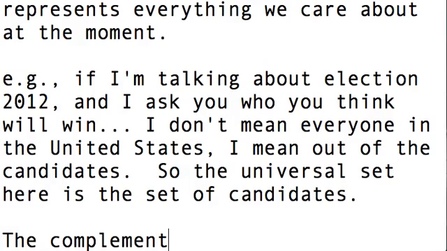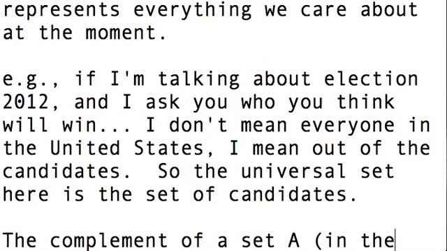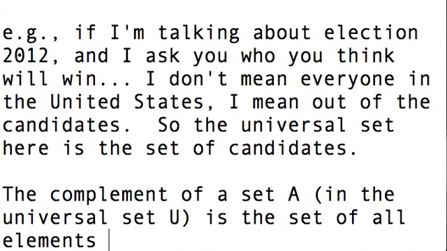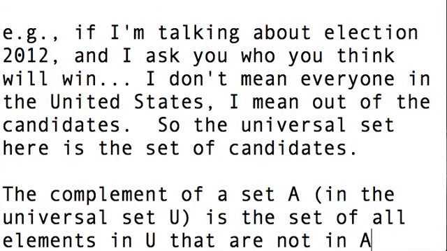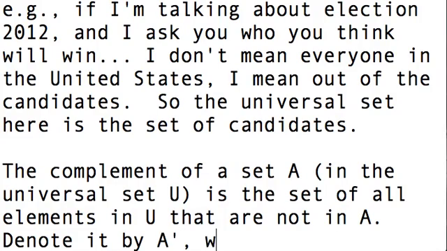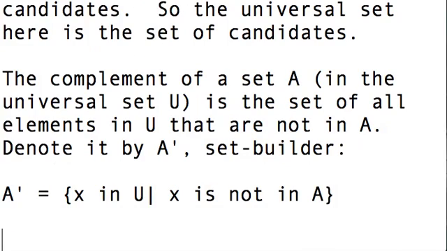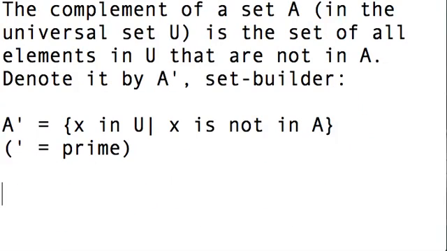The complement of a set A in the universal set U is the set of all elements in U that are not in A. We denote it by A prime, and in set builder notation, A prime is equal to all elements X in U such that X is not in A. This little apostrophe, I call it a prime. So I say A prime.